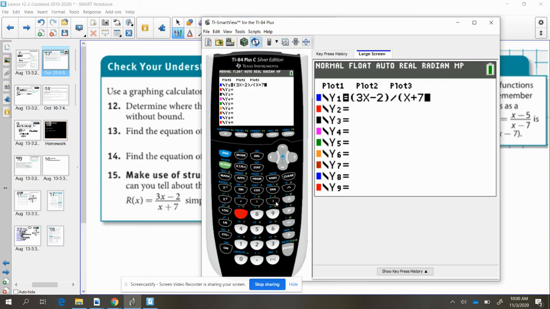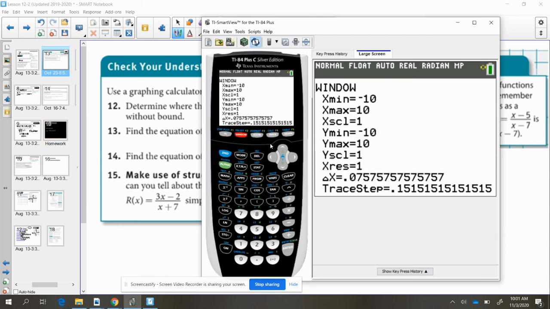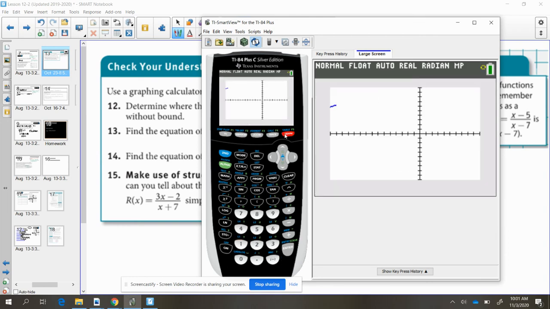And if we look at this graph, what we are noticing here is that we have a shift compared to the parent function of what's going on here. And it's actually increasing without bound. And it seems like -7 is kind of our cutoff here. And actually, if we adjust our window a little bit, we'll actually see that there's another piece of this graph that we're just kind of missing in the normal Zoom 6 window. So if we extend that out a little bit to the left.